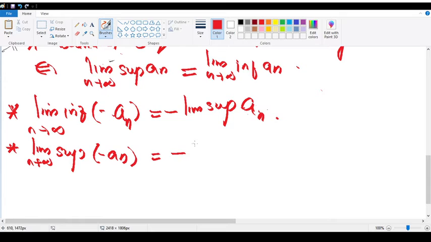That is equal to minus limit sup of an. Okay? Limit inf of minus an equals minus limit sup of an. Next, limit sup of minus an as n tends to infinity is equal to minus limit inf of an.